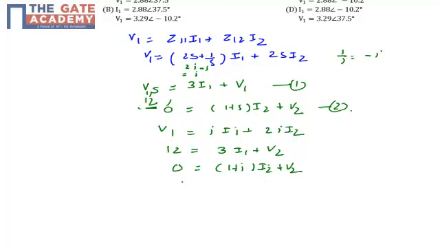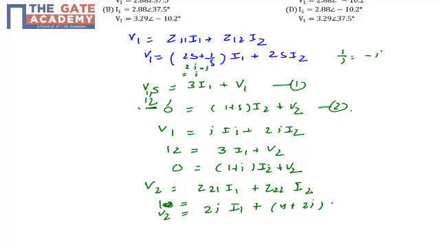Similarly, I can write down my second equation of the Z parameters, which is V2 is equal to Z21 times I1 plus Z22 times I2. I can directly write this equation as V2 is equal to 2j I1 plus (4 + 2j) I2.